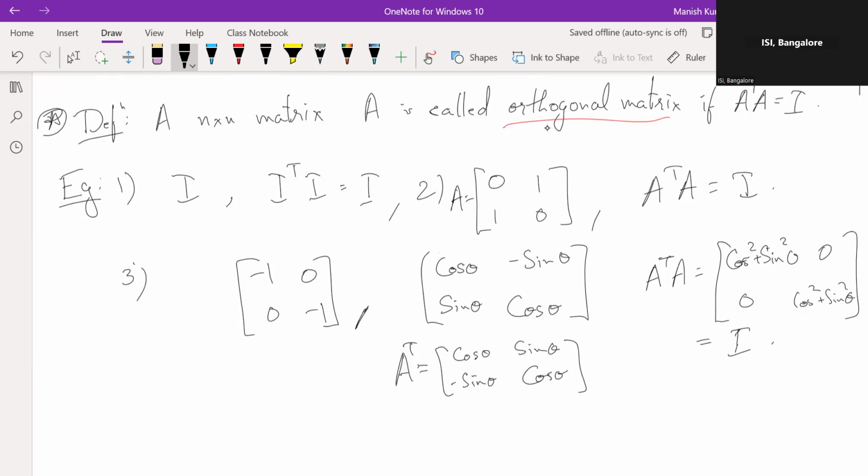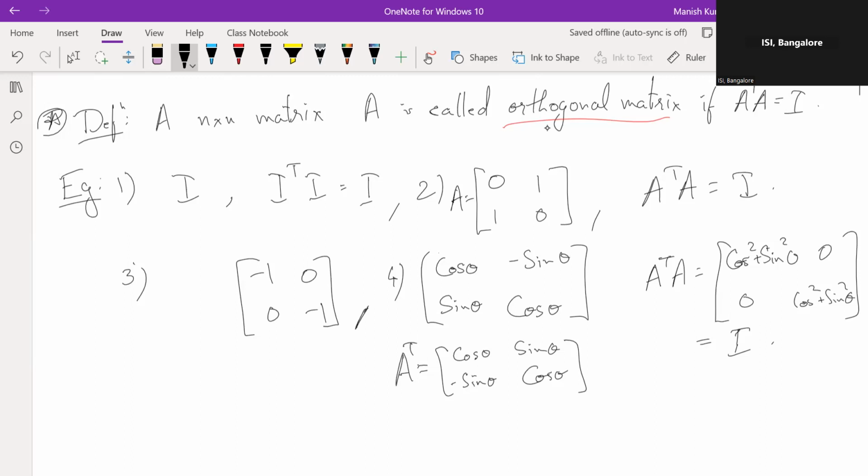Multiply these two matrices, what do you get? These will give you all the orthogonal matrices. So it's either a reflection or a rotation, and combinations of these.